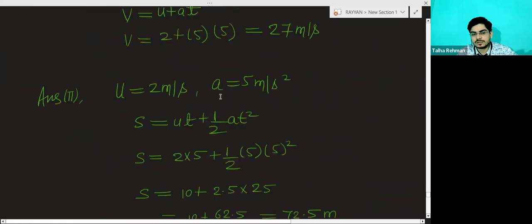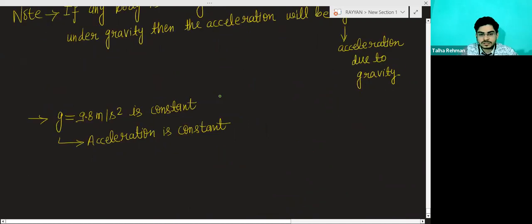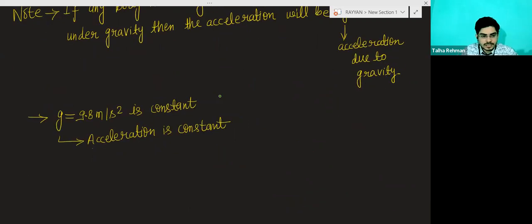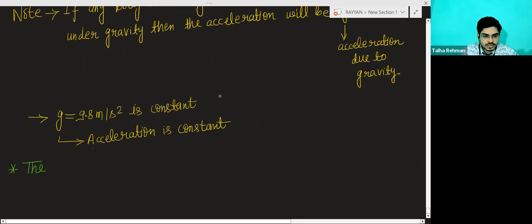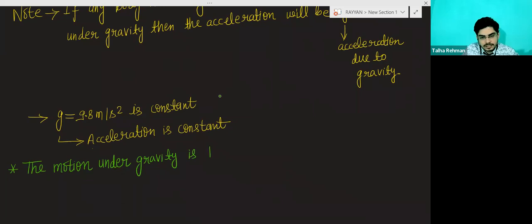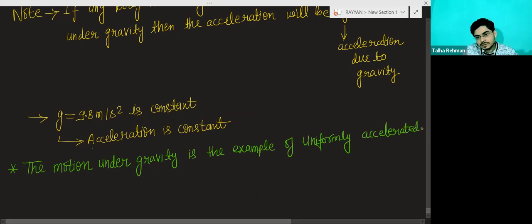Last class also I told you, if acceleration is constant, then you can say that the motion under gravity is an example of uniformly accelerated motion.